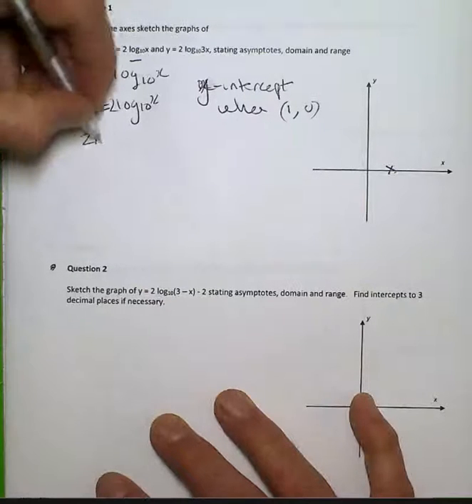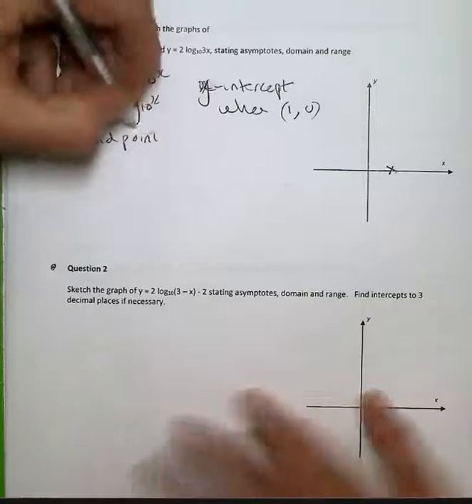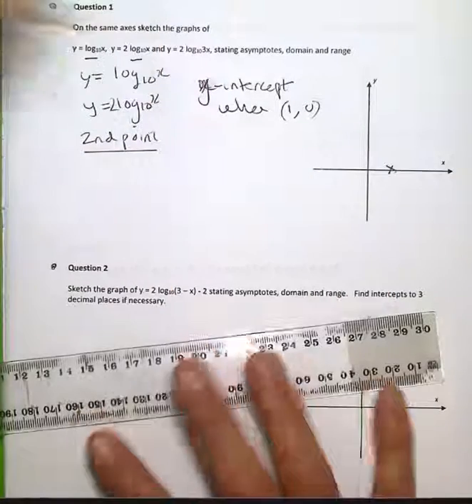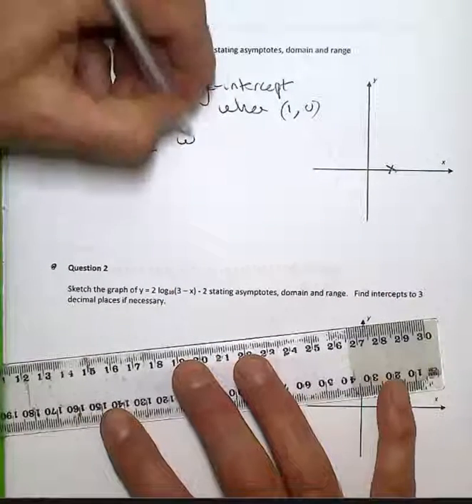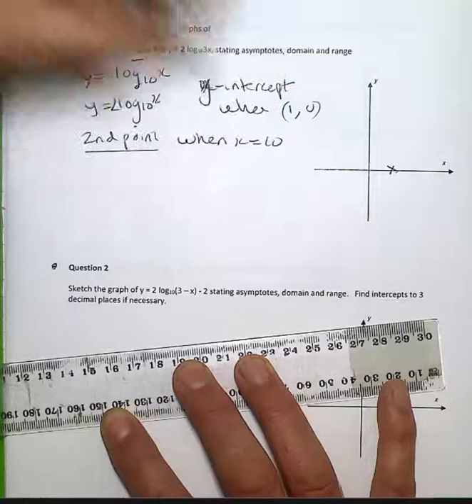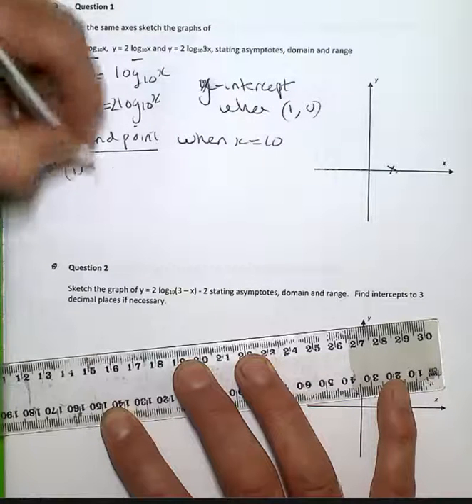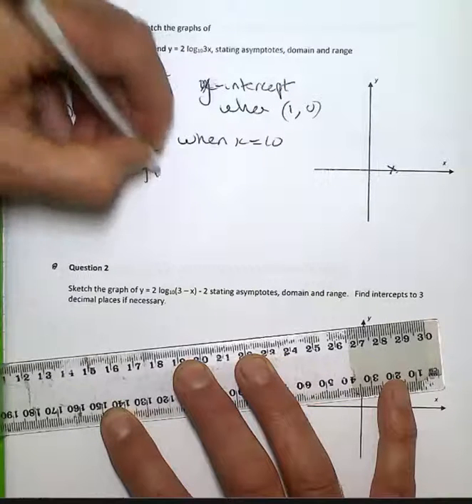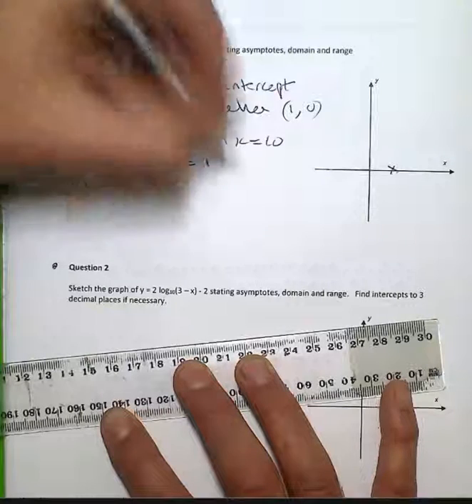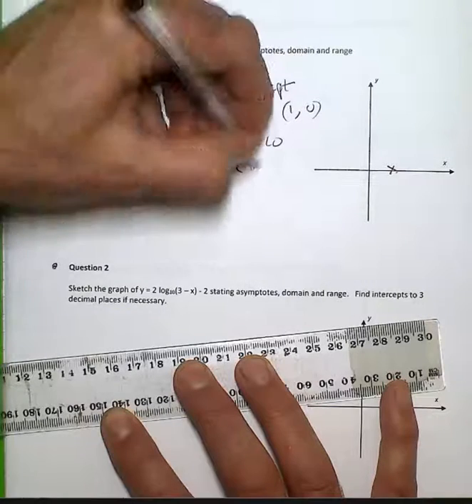Our second point, I'll choose when x is equal to 10. So in the first instance, y is equal to log 10 to the base 10, which is 1. So I'll have a point of (10, 1).